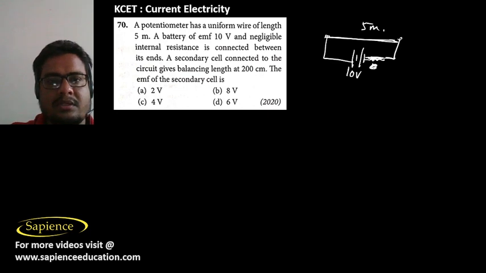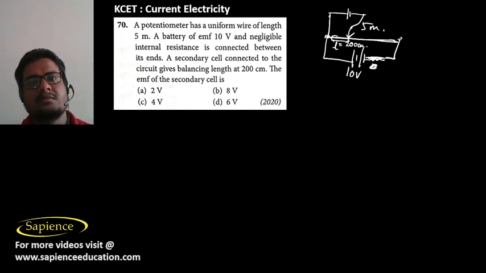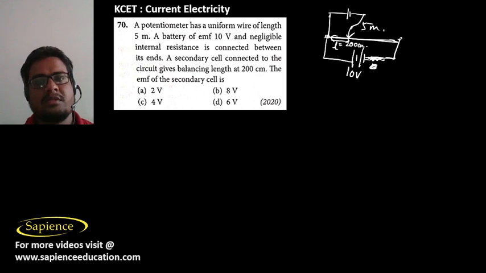A secondary cell is connected to the circuit, so that it gives the balancing length of 200 centimeter. The EMF of the secondary cell is?